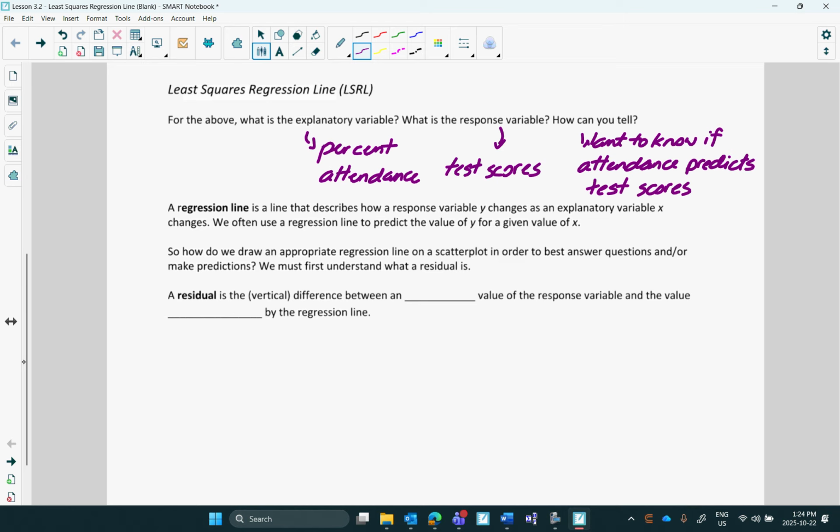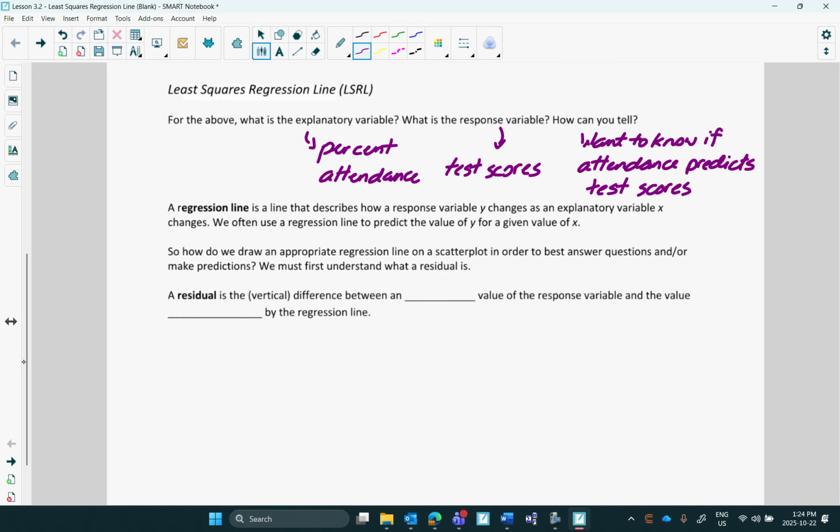So what's the best type of regression line to draw on a scatter plot? Well, to figure this out, we have to understand what a residual is. We're going to talk more about residuals a little bit later on.